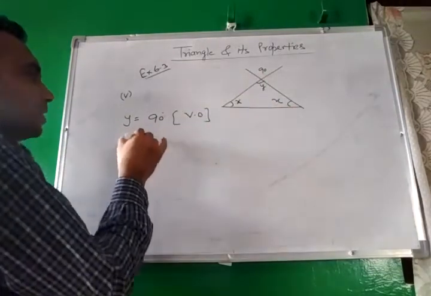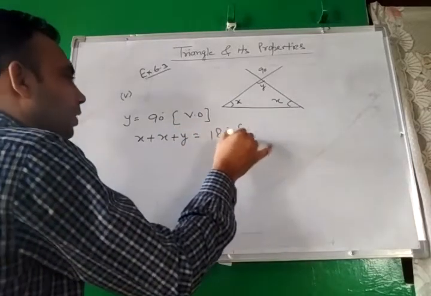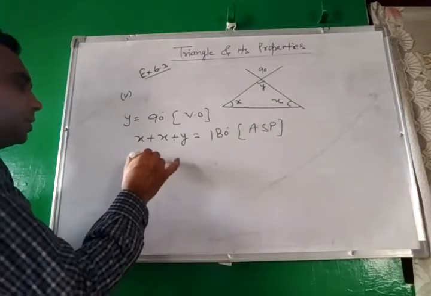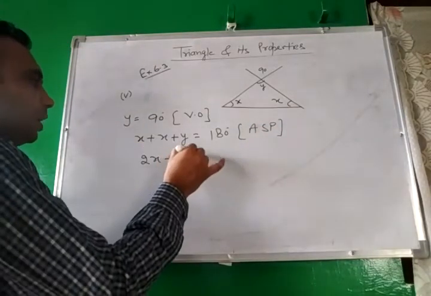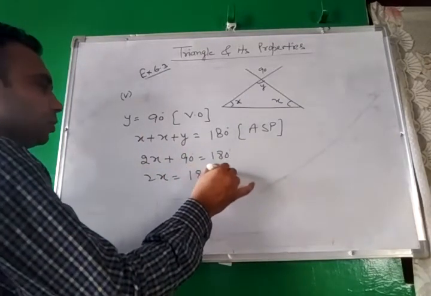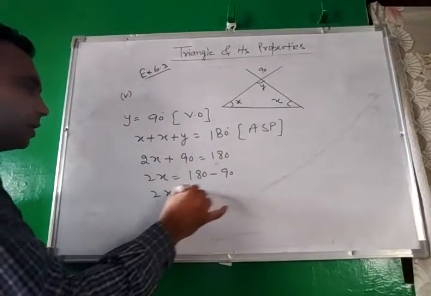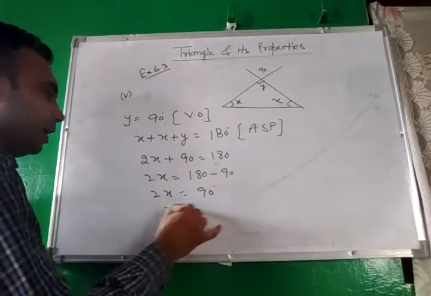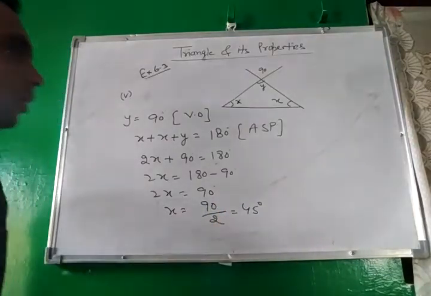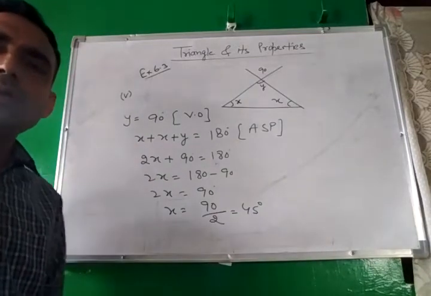And the sum of all three angles is equal to 180 by the angle sum property. 2x plus y, 90 degrees, is equal to 180. So 2x is equal to 180 minus 90. The 90 goes to the other side and becomes minus. 2x is equal to 90 and x is equal to 90 upon 2, which implies 45 degrees. So y is equal to 90 and x is equal to 45.